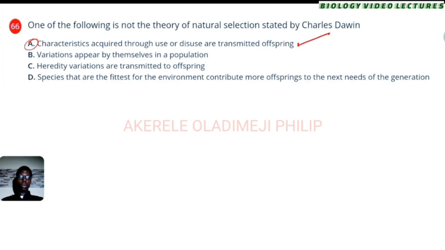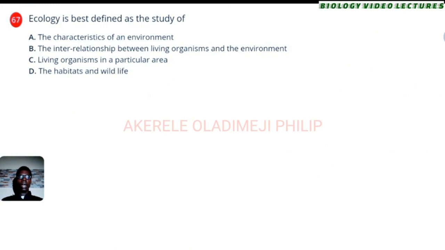Variations appear by themselves in the population, that's correct. Hereditary variations are transmitted to offspring. Species that are fittest for the environment contribute more offspring to the next generation. So B to D are all examples of what Charles Darwin said, while A is not part of his theory.